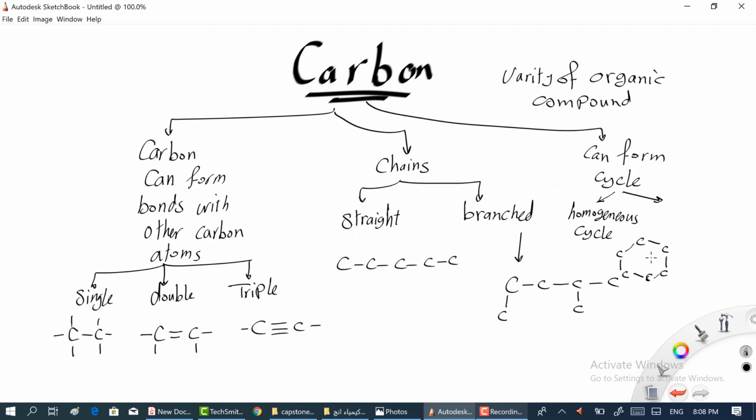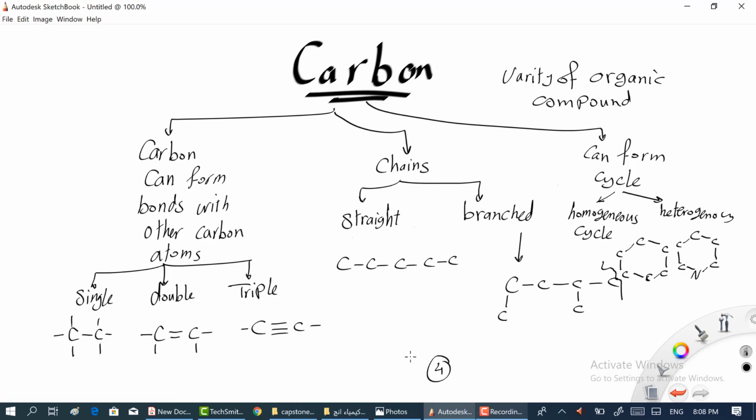All of these cycle atoms are carbon, or heterogeneous. A heterogeneous cycle has other atoms. So according to this, the carbon is attached in different ways, giving a variety of compound types.